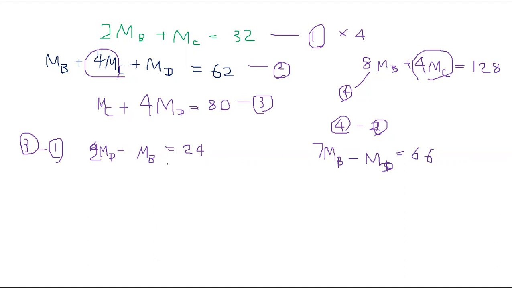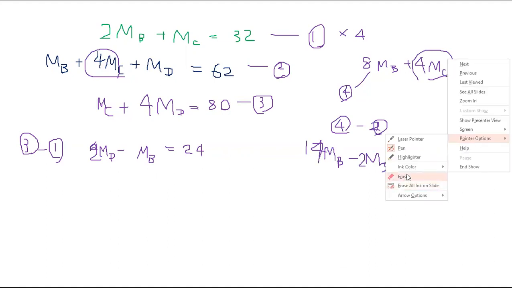So because there's 2MD, I'll multiply this by 2. So that's going to be 14MB minus 2MD, and this is going to be 132, right?